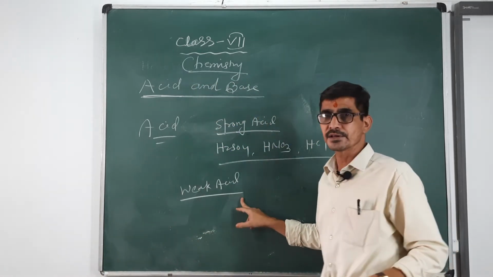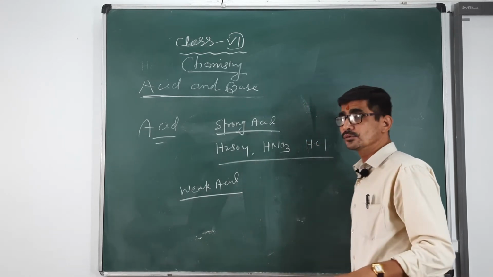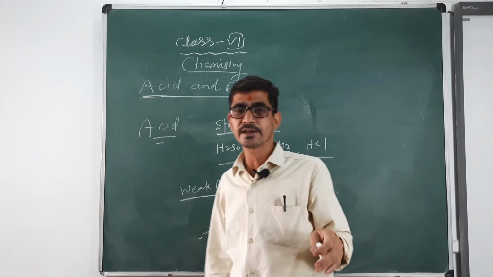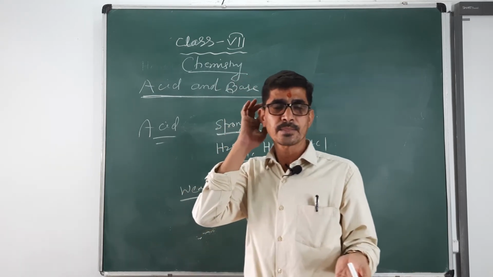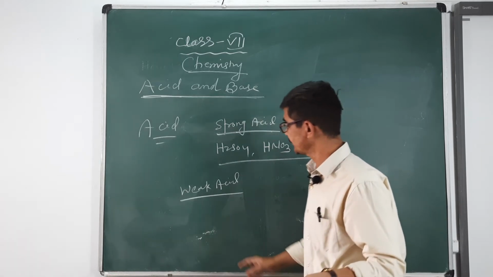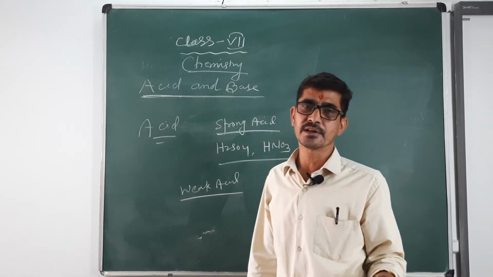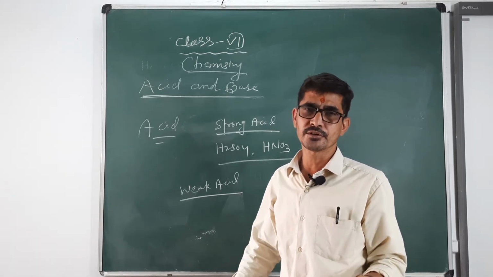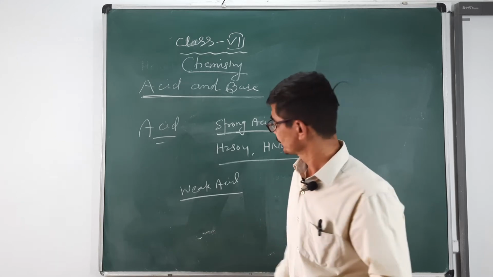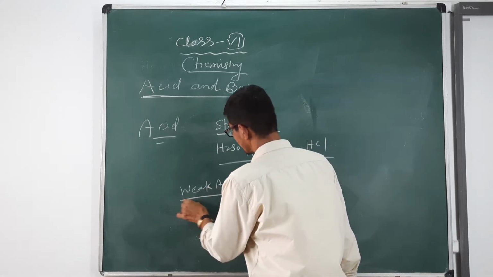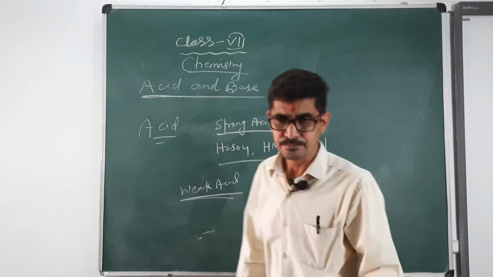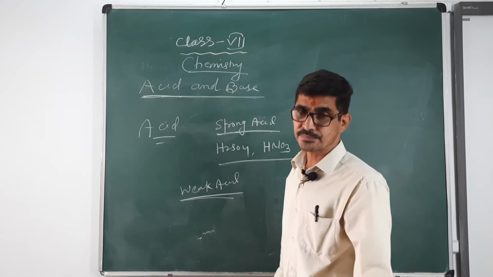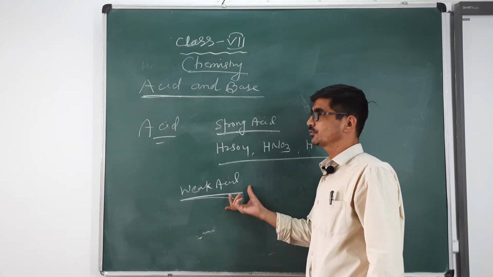You know that all organic acids are weak acids. Organic acids are present in organisms, such as plants. Citric acid, present in citrus fruit, is a weak acid. Lactic acid is a weak acid present in curd and milk. So these are weak acids.